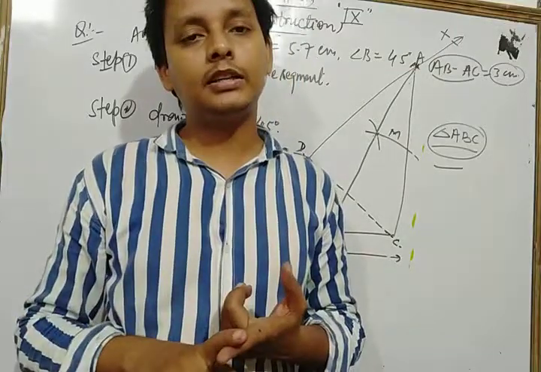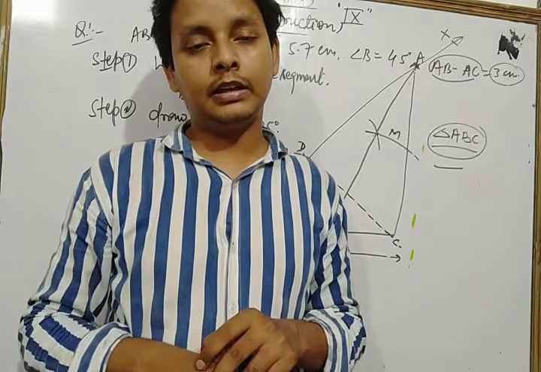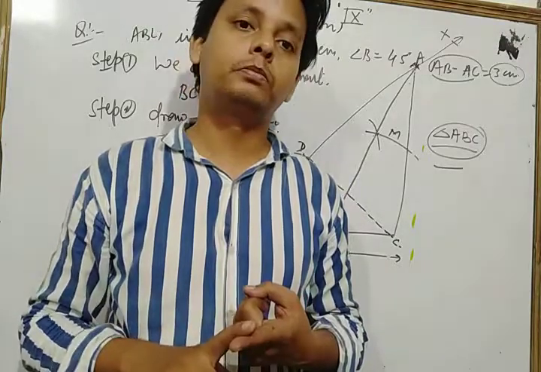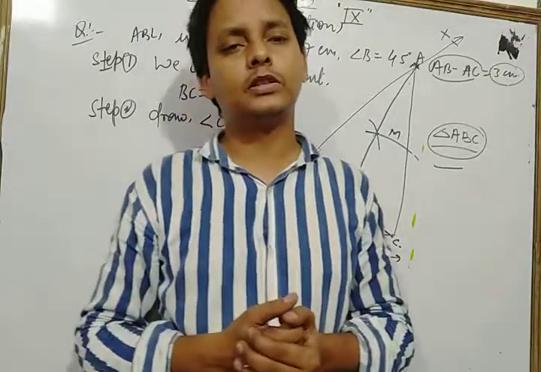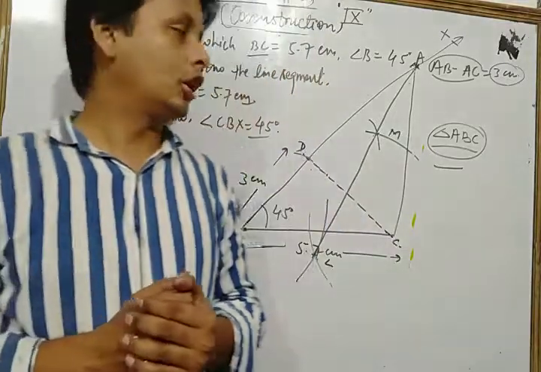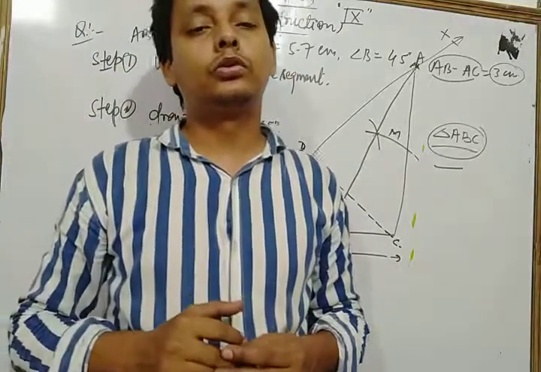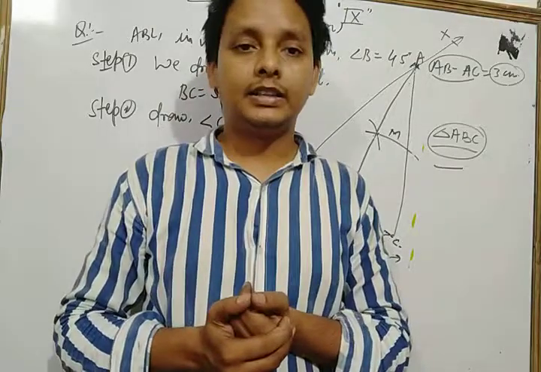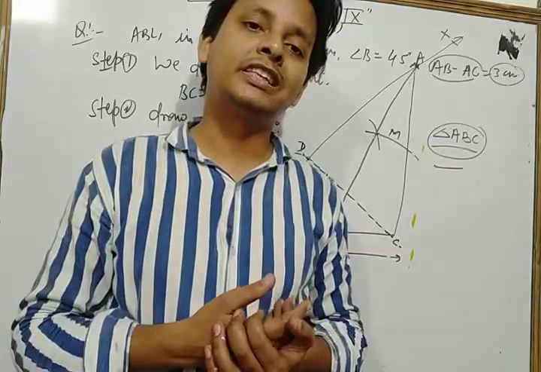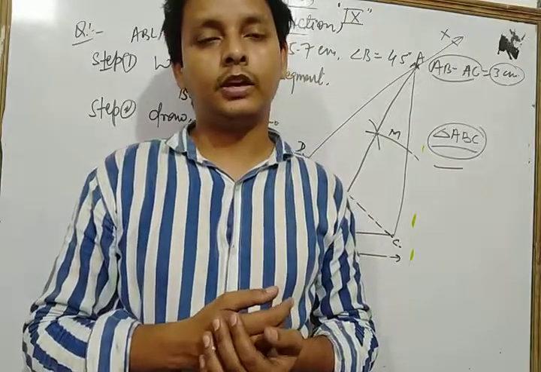That means we revise the construction of the perpendicular bisector of a line segment, the bisector of an angle, and the construction of different types of triangles. First of all, dear students, you revise all the topics and solve each and every question of your NCERT exercise based on each and every topic of the construction. Okay, thank you.